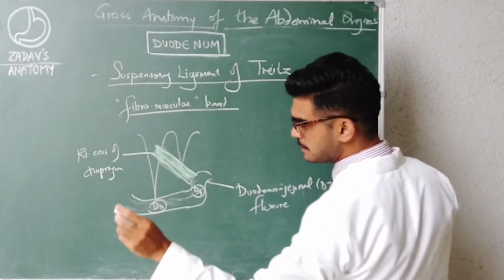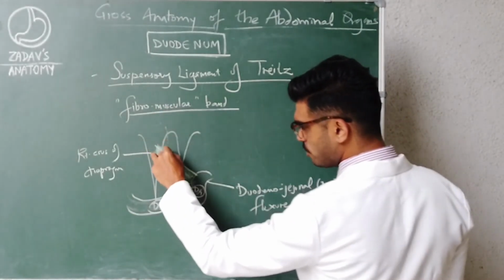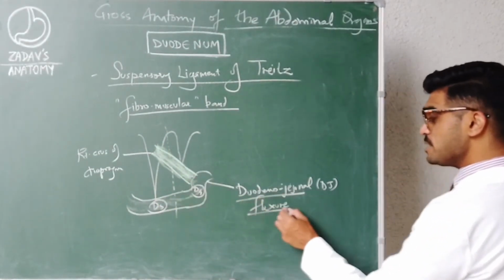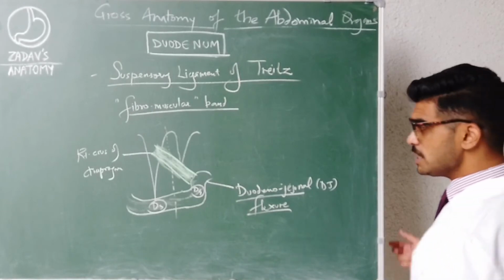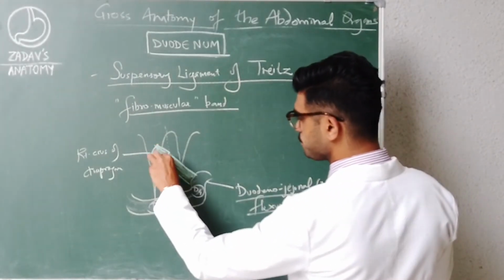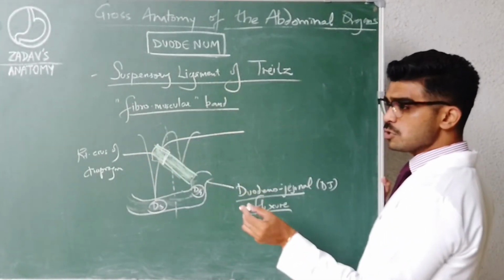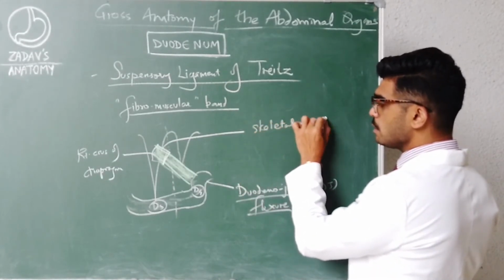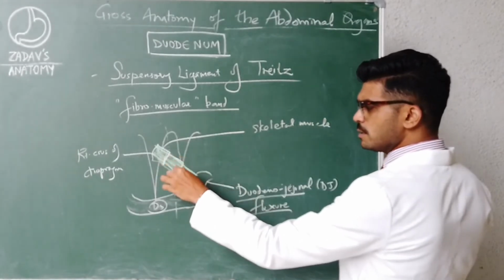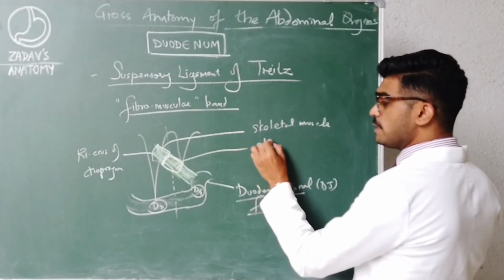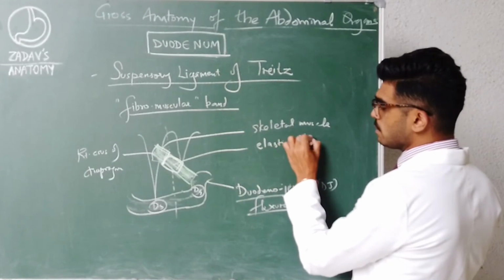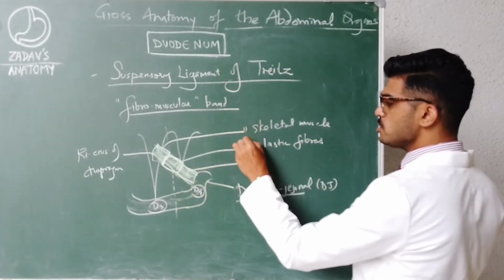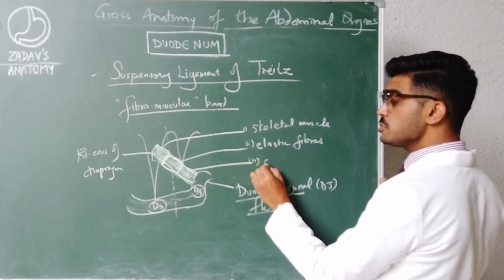Fibromuscular band connecting the right crus of the diaphragm, the midline will be somewhere over here by the way, to the posterior aspect of the DJ flexure, and it is characteristic because its proximal third chiefly consists of skeletal muscle, its middle third chiefly consists of elastic fibers, and its distal third chiefly consists of smooth muscle.